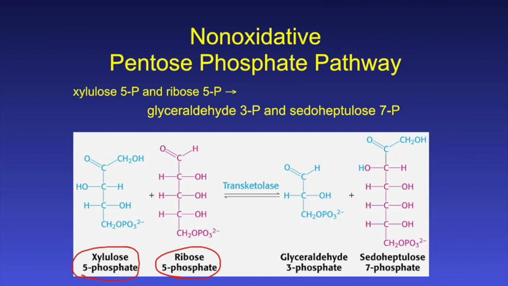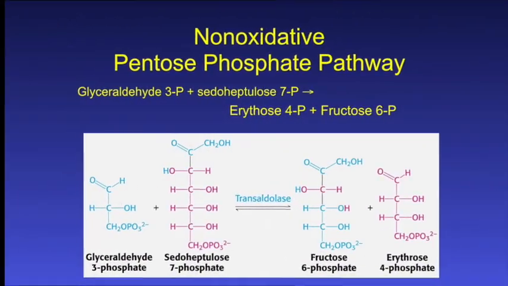The transketolase will take 2 carbons, okay, and which of the two? These two. It takes these two, plucks them off, and puts them right there. So you get glyceraldehyde 3-phosphate and sedoheptulose 7-phosphate. Isn't that just wonderful? Okay.